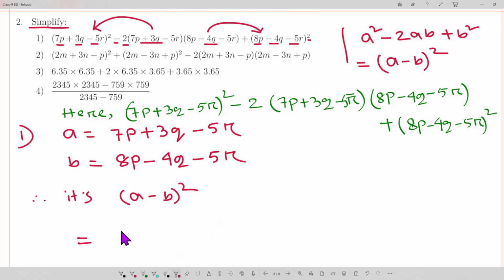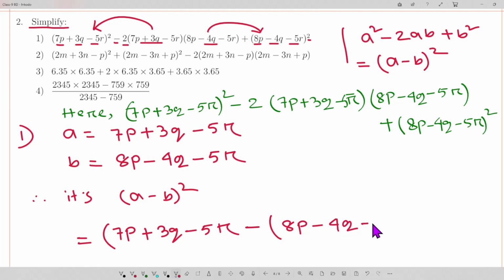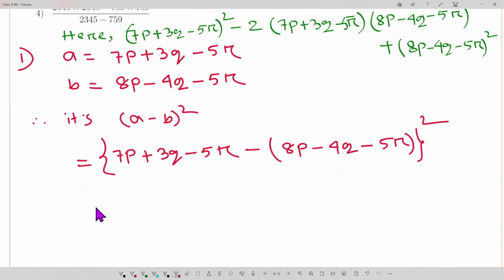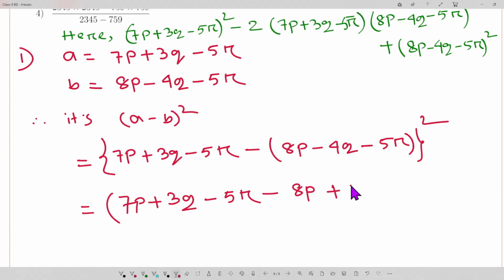That means we can write (7p + 3q − 5r) minus (8p − 4q − 5r), considering this whole square. We can write it this way. Finally this is 7p + 3q − 5r, and this is minus, so 8p minus, and minus plus 4q, minus, and minus plus 5r, whole square.